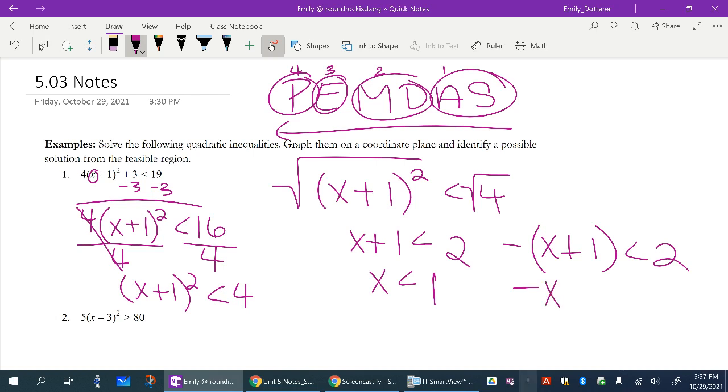Then over here, and then we'll divide by -1, so we flip the inequality symbol and we get -3. Both of these are part of our answer.